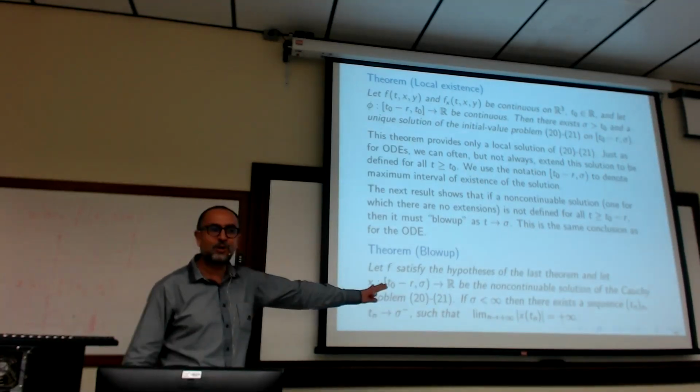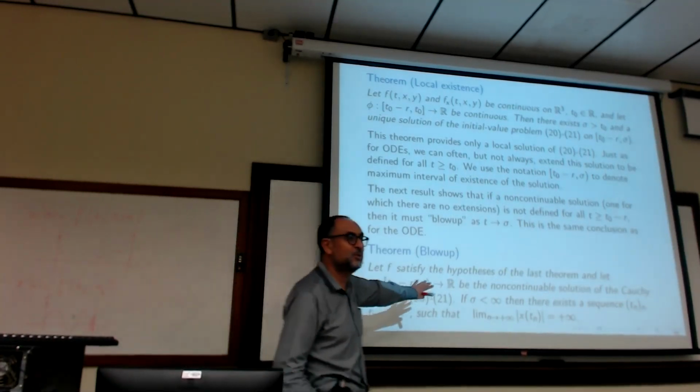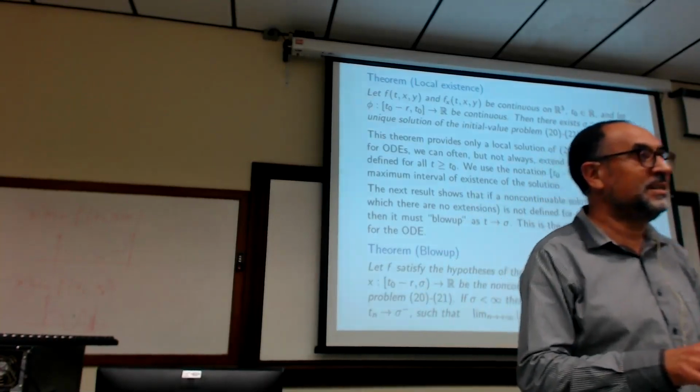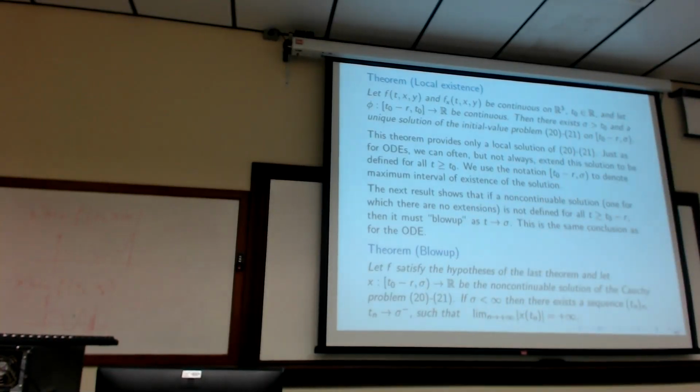This is why I want to talk about this: sometimes if you make numerical simulations for delay differential equations, and you don't check that your interval of existence is the whole interval, you can get results that are not true, because you didn't take into account that the solution may exist only on a small interval. All the examples that I give you have global existence.